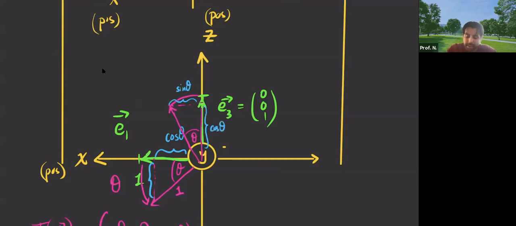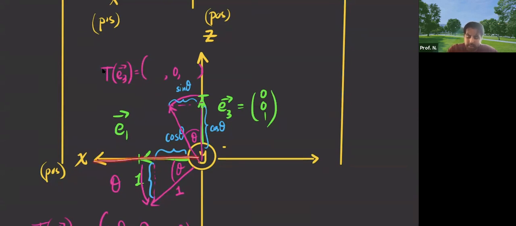But now with respect to the xz coordinates, what would be the xz coordinate? So T of E3. Again, the y coordinate would be 0, but what would be the x coordinate and the z coordinate?